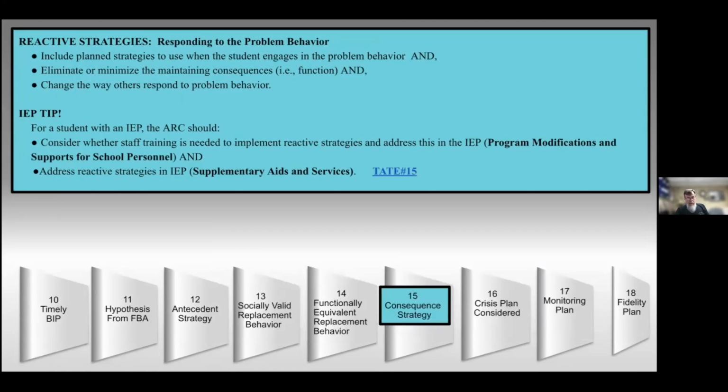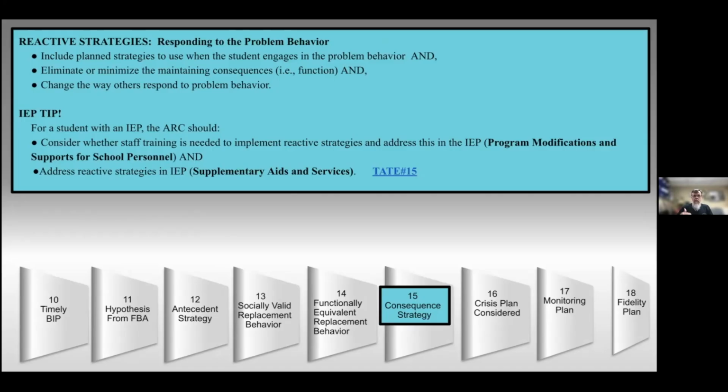So some other things that we want to talk about are consequence strategies or reactive strategies, which is how we respond to that behavior. Again, we want to establish consistent, neutral responses to problem behavior. Don't get too worked up over it. Use a calm, business-like manner, monotone, straight to the point.